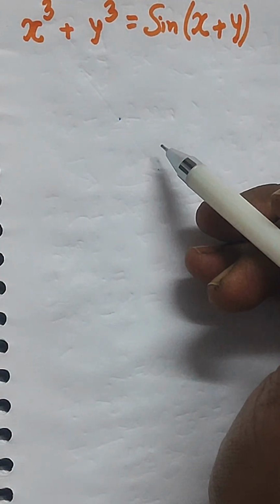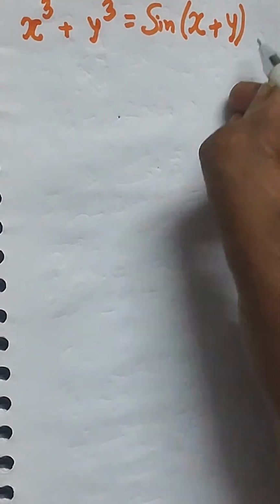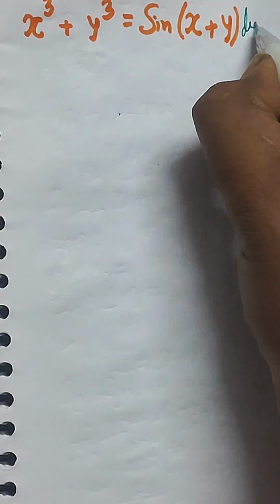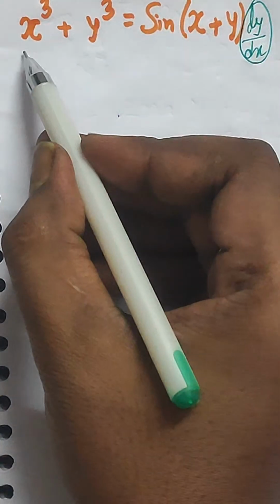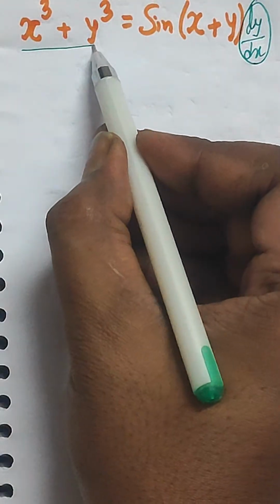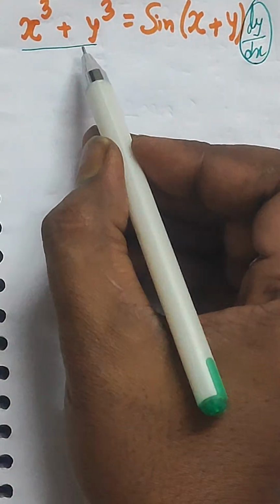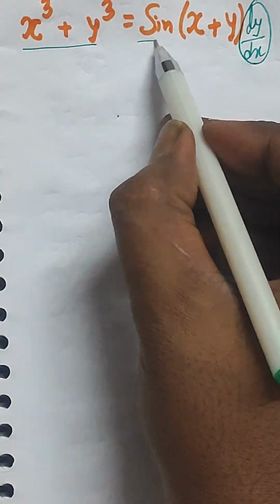So here, to find dy by dx, we will simply differentiate the LHS and the RHS.